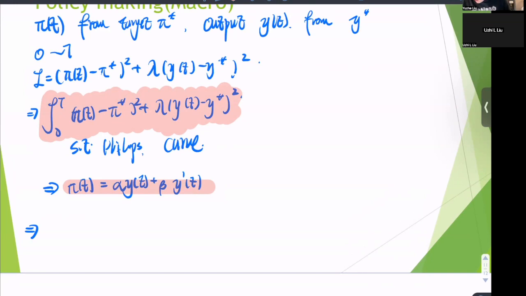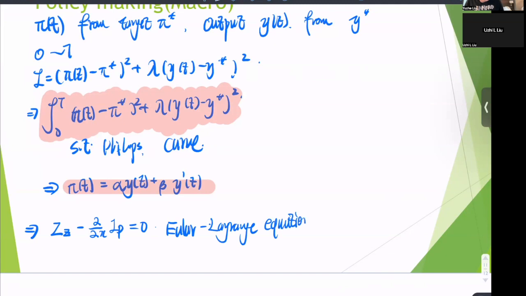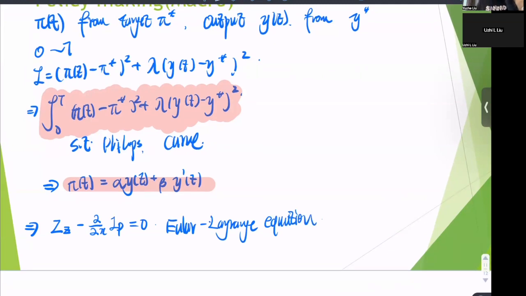Now we just have to solve, using the old way. We just have to solve by plugging into the Euler-Lagrange equations.